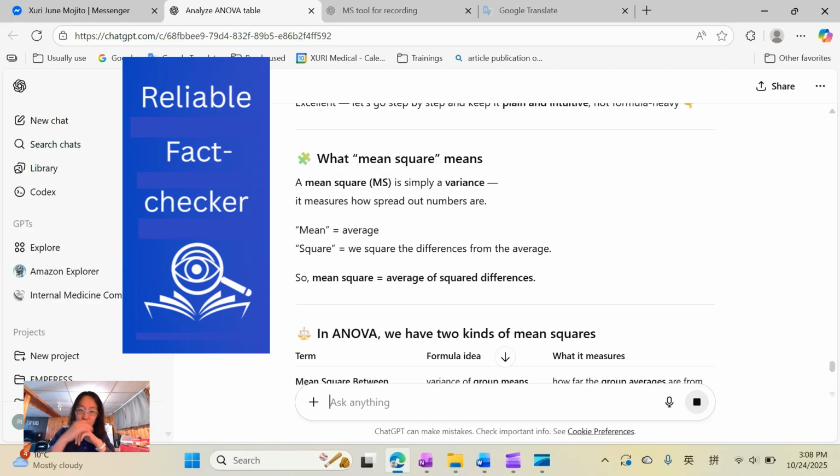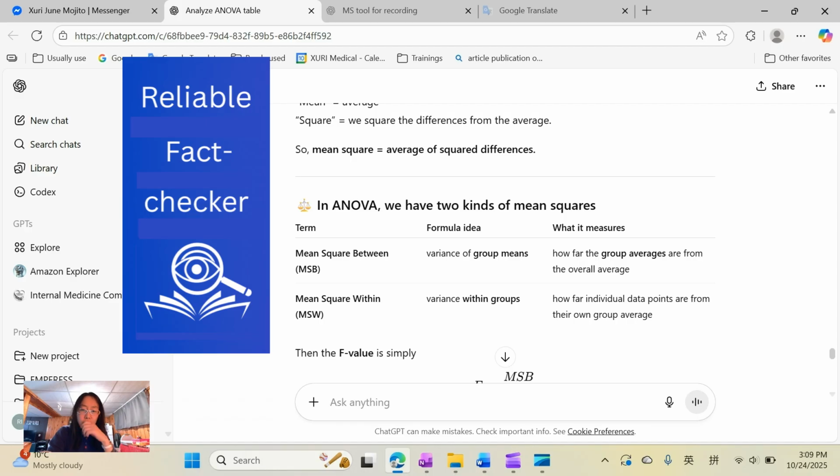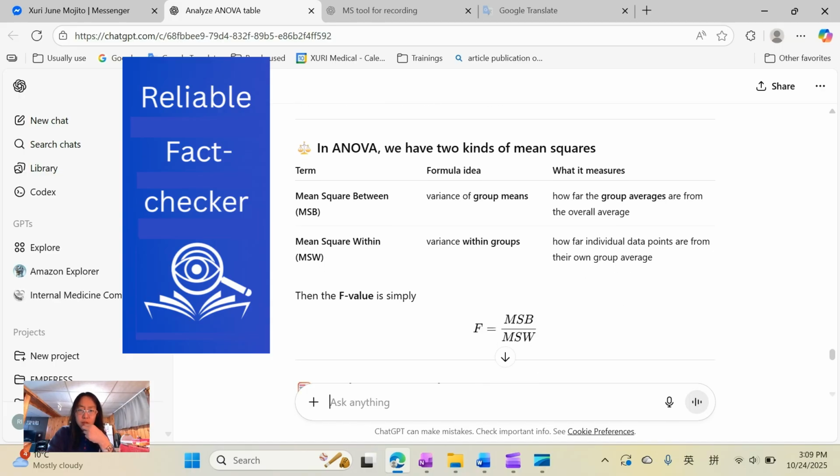Square, we square the differences from the average. Yeah, because sometimes the differences are negative, so you want to make sure it's positive so you can analyze it. Mean square between, MSB; mean square within, MSW.